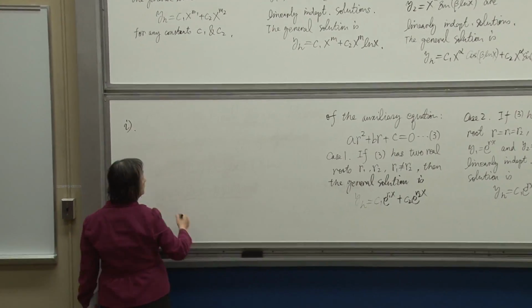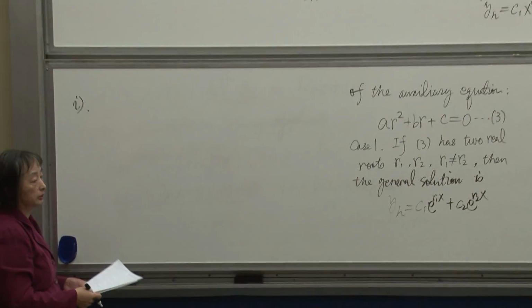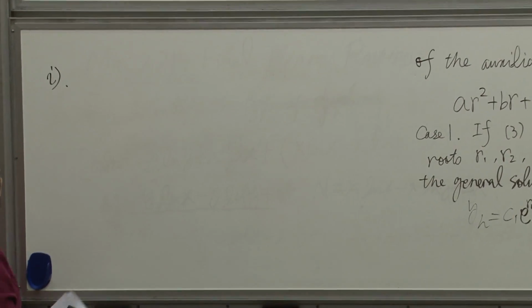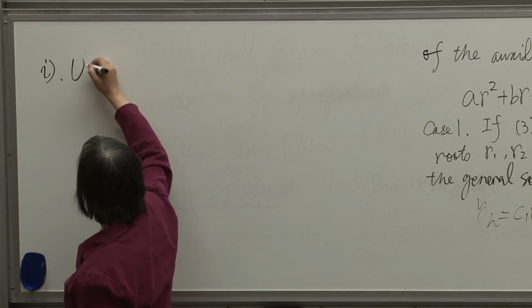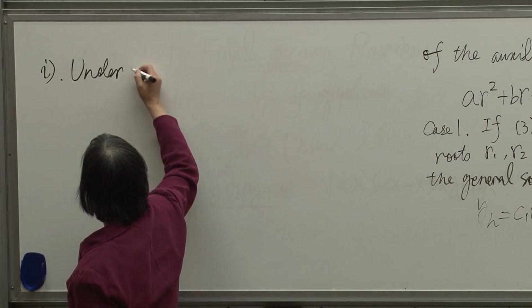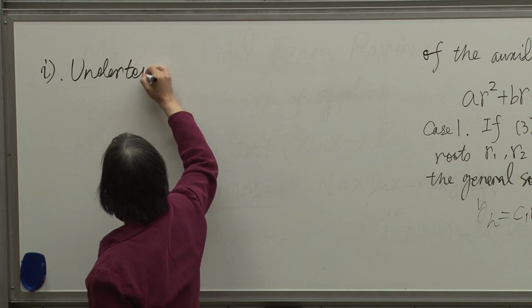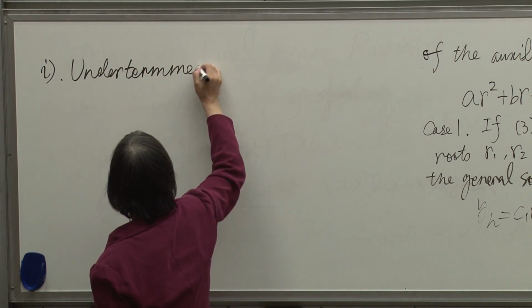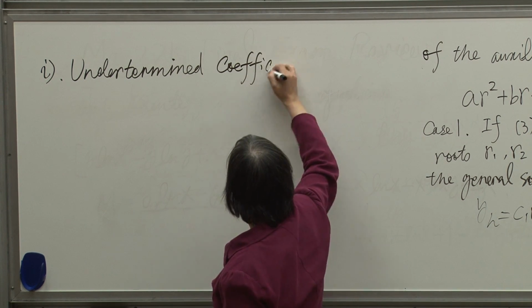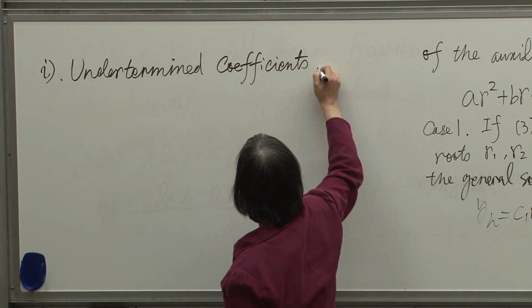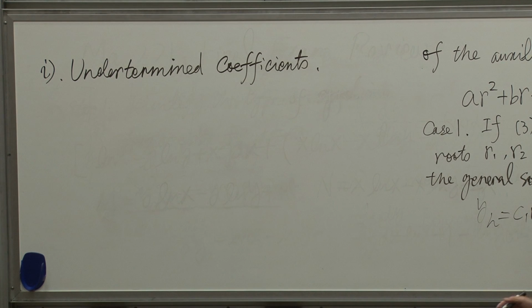So let's remember the two methods we have used in this class. The first one is the so-called undetermined coefficients.